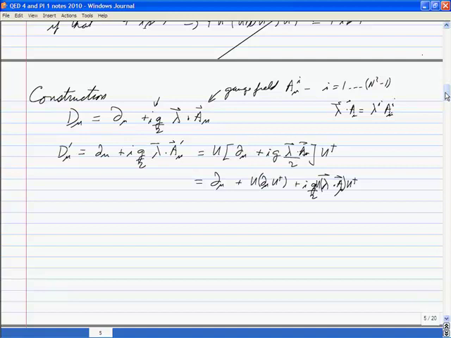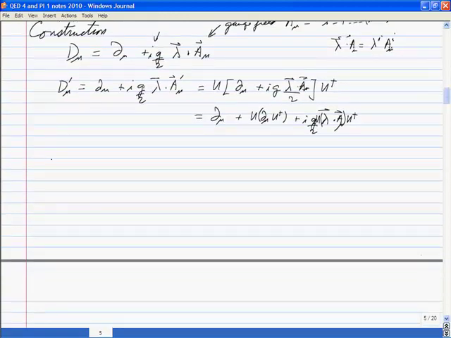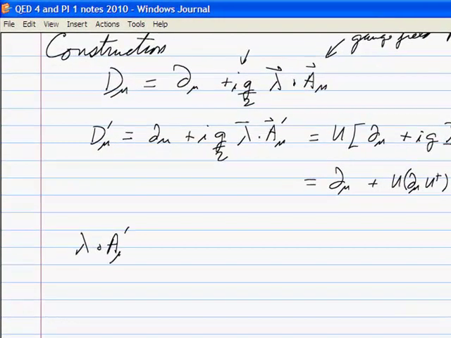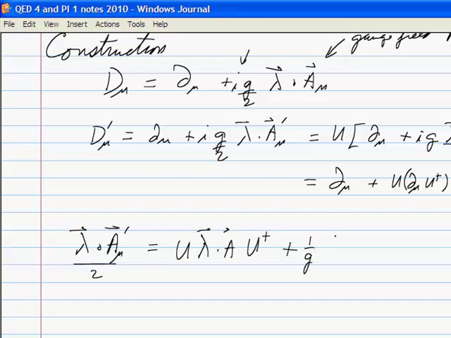And so the net transformation, lambda dot A prime, I'll put it over 2, is equal to U lambda dot A U dagger plus 1 over G. Actually, let's see, what do I need?